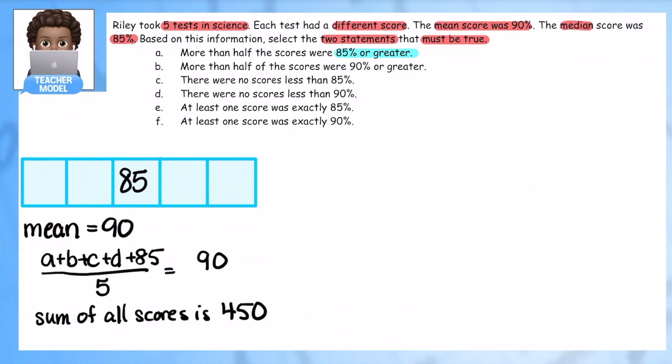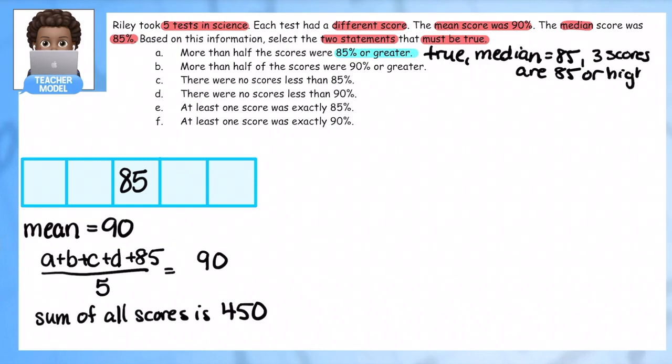So that is true. And we know that because the median is equal to 85. And that means that the other 2 have to also be 3 scores are 85 or higher. So A is true.